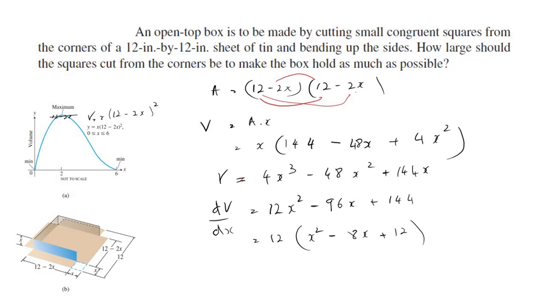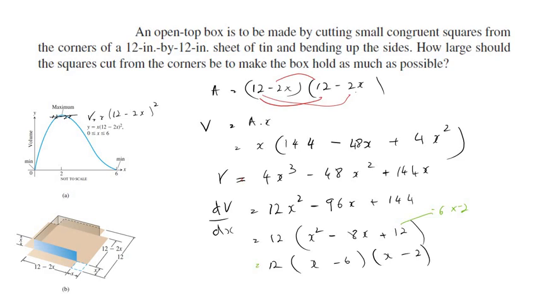Now let's factorize this again. We can write 12 as 6 times 2, and minus 6 times minus 2 is 12, with sum minus 8. So we can write it as 12 times (x minus 6)(x minus 2).